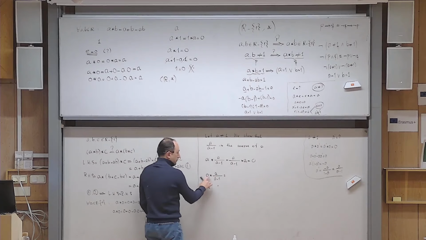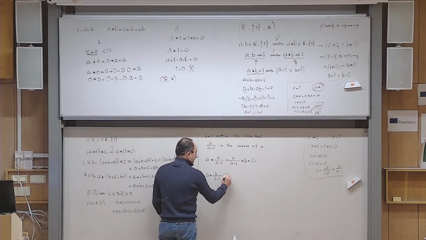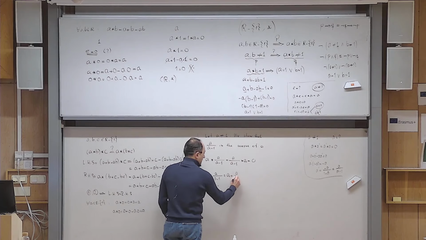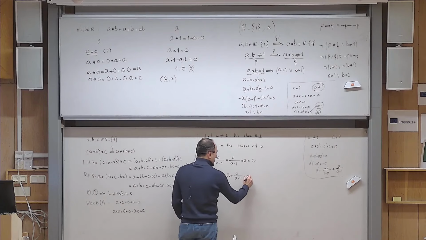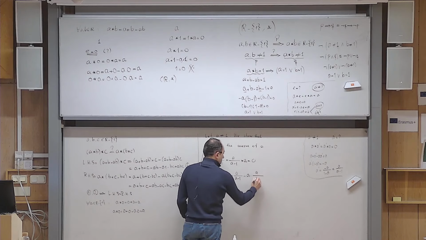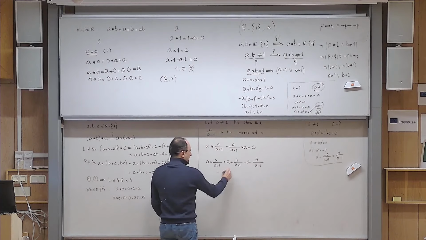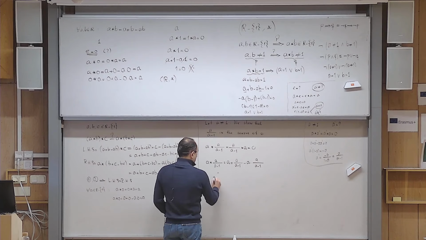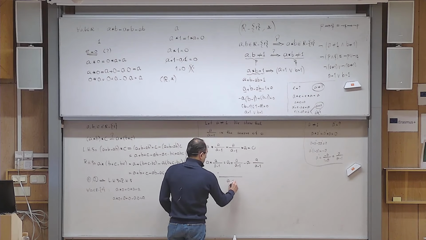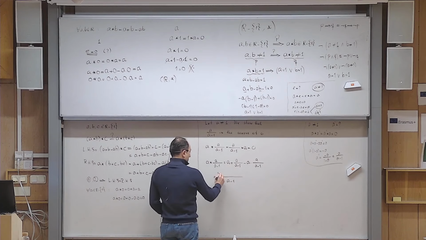According to the definition of the binary operation, I have to write the first one plus the second one minus the product of the first one and the second. And we have to simplify this. Okay, so how can I simplify that? The common denominator is A minus 1, and then A minus 1 will be multiplied here.